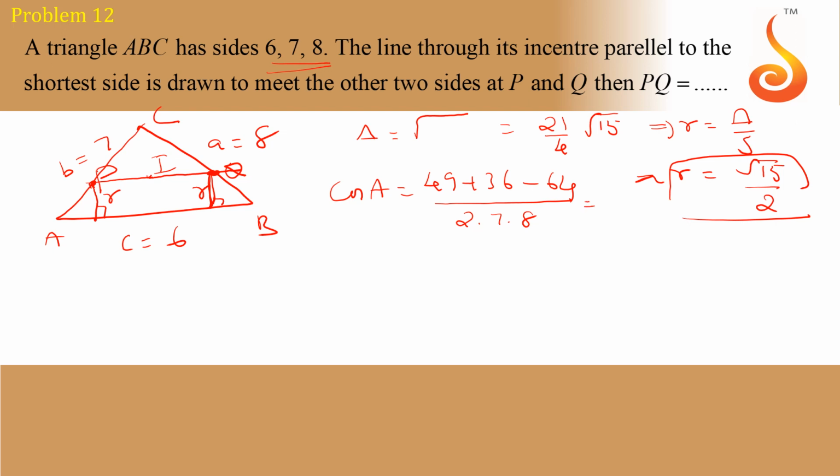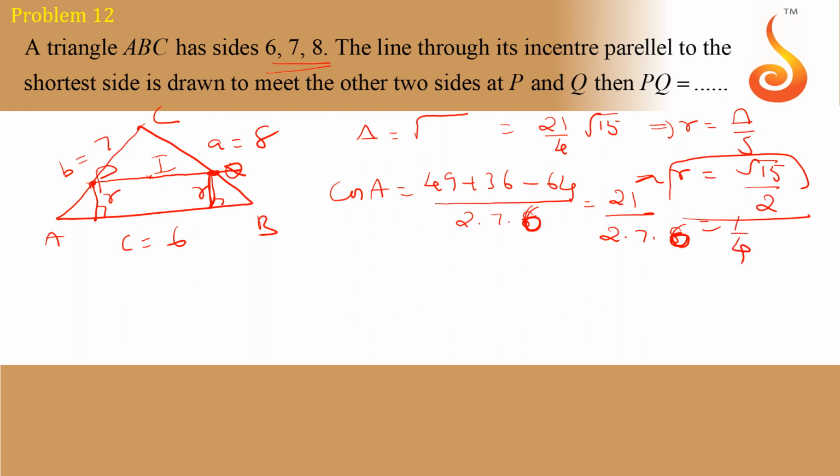So 49 plus 36 minus 64 is how much? 21, I think. 21 by 2 into 7 into 6. So 7 ones are 7, threes are 3, ones are 3, twos are... means 1 by 4.